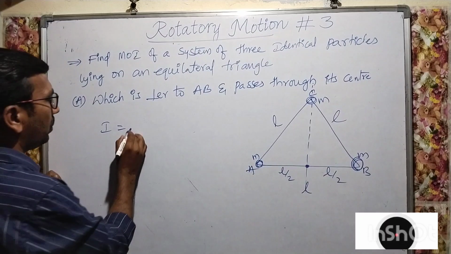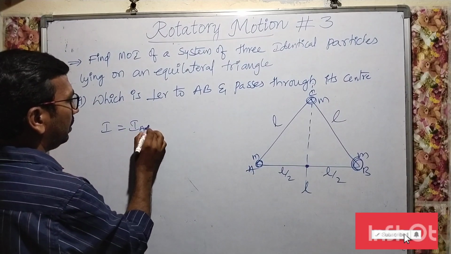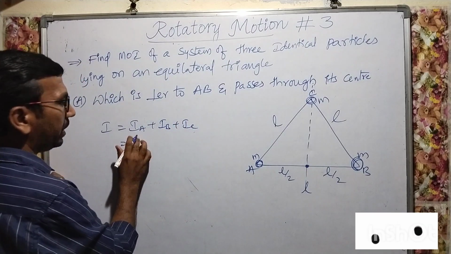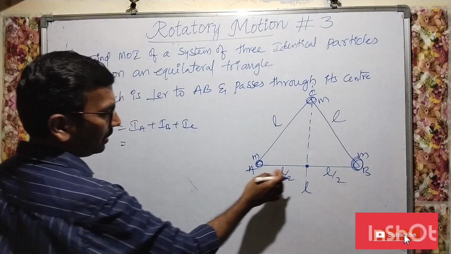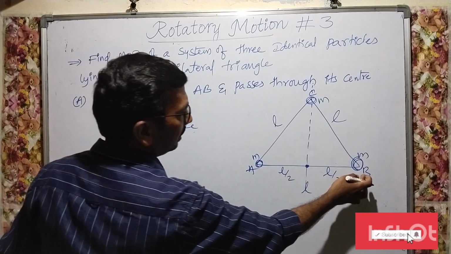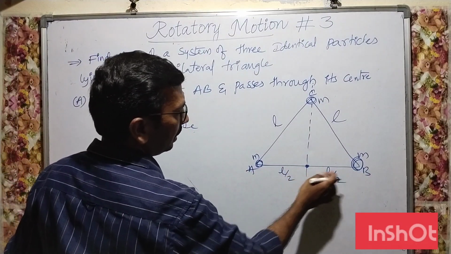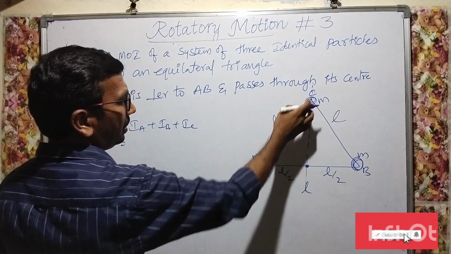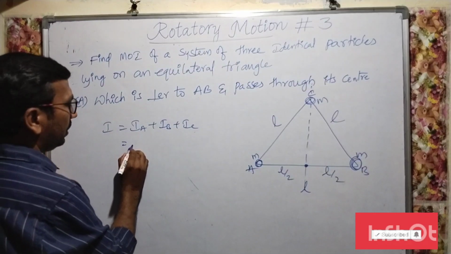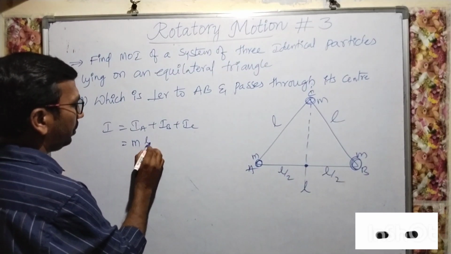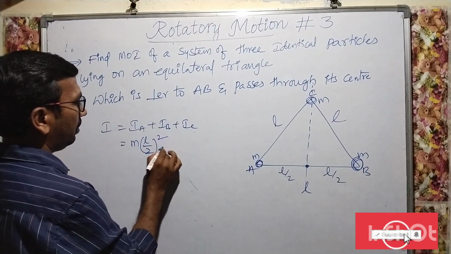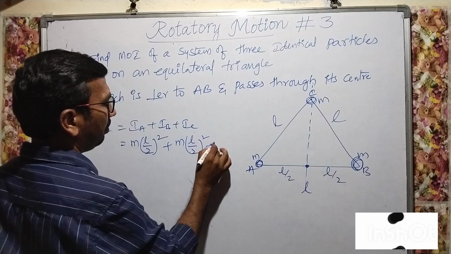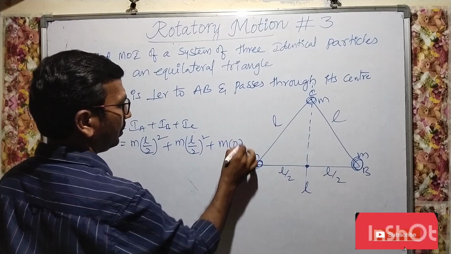So MOI is equal to IA plus IB plus IC. IA: from the axis, the perpendicular distance is L by 2. From B also, the perpendicular distance is L by 2. C passes exactly through the center, so that is 0. So I write M (L by 2) whole square plus M (L by 2) whole square plus M into 0.